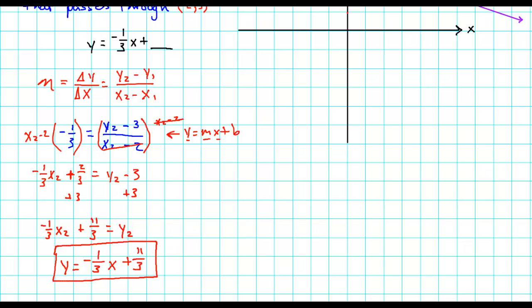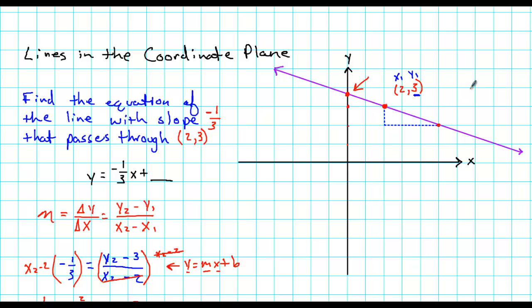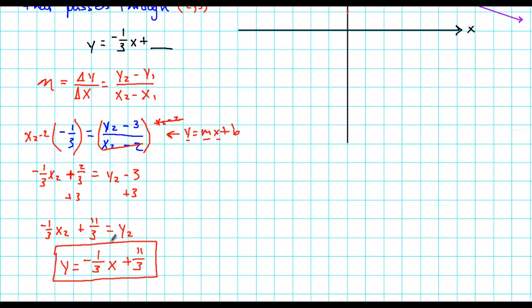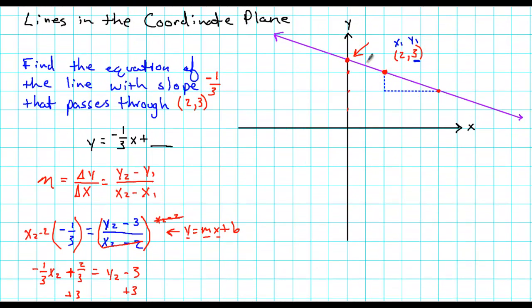So let's go back up to our equation here and see if 3.67 is a believable number for that, and it sure is, right? Because it's more than 3.5, which would be halfway, but it's less than 4, which would be way up here. So that's how we find the equation of a line when it doesn't have a nice pretty y-intercept.